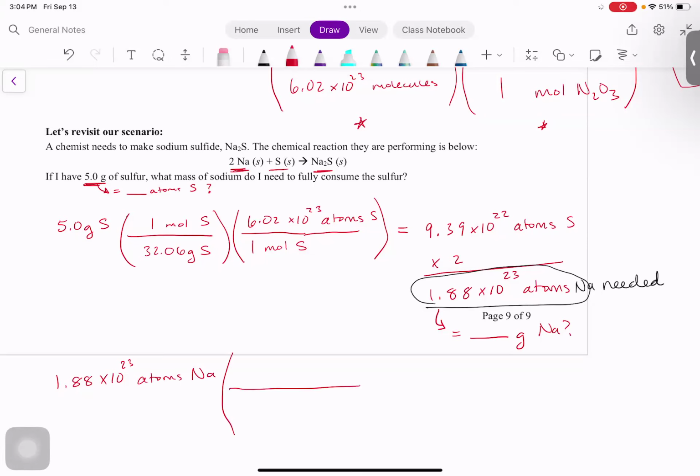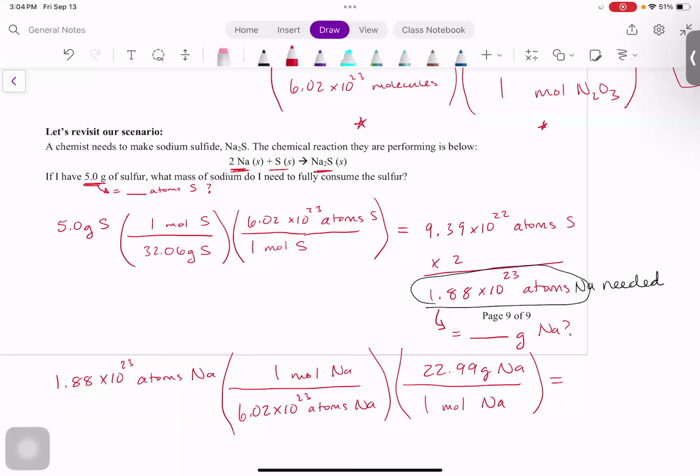And I am going to use my relationship that 6.02 times 10 to the 23rd atoms of sodium is 1 mole of sodium. And then I can use the molar mass. 1 mole of sodium has a molar mass of 22.99 grams of sodium.